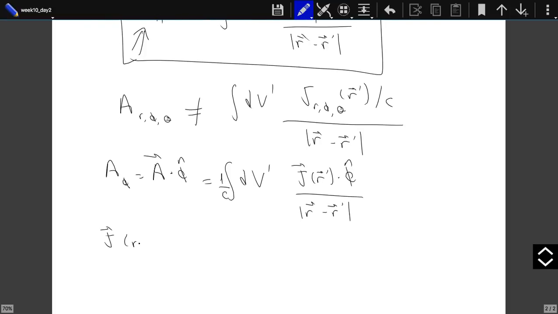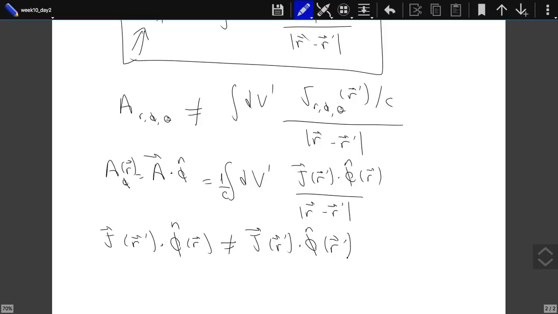Now j of r prime dot phi hat, remember this phi hat is at the point r. Since this is at the point r, this is not equal to j of r prime scalar product with phi hat at the point r prime, which is j phi at the point r prime.